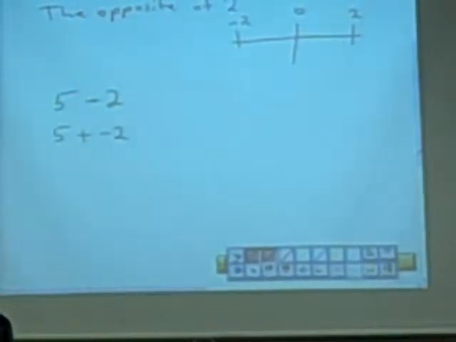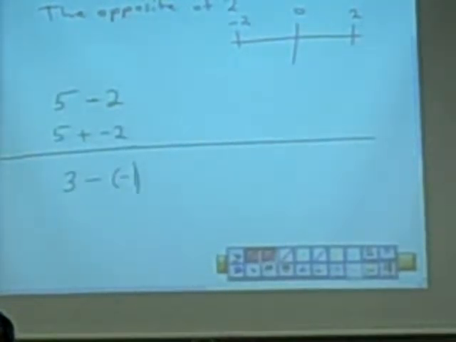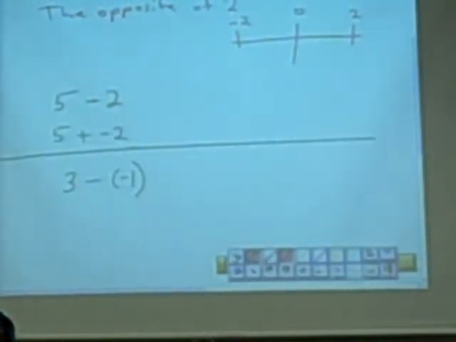Alright, so let's say we had something like 3 minus a negative 1. When we simplify these negatives, what do we get here?